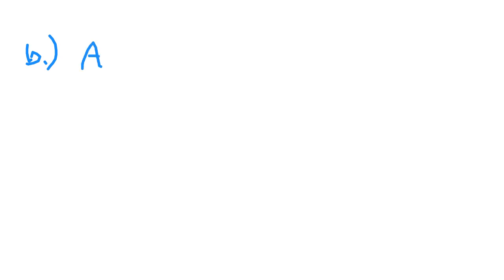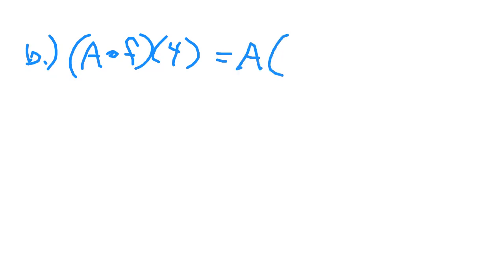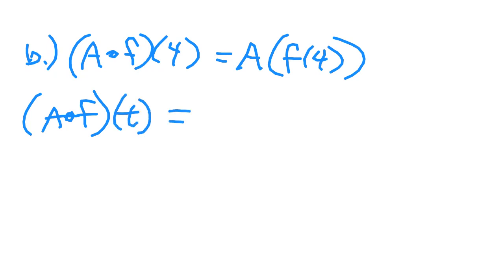We're looking for A composed with F evaluated at 4 seconds, which is A evaluated at F of 4 seconds. We already said A composed with F evaluated at t in general is 36 pi t squared, in square centimeters.